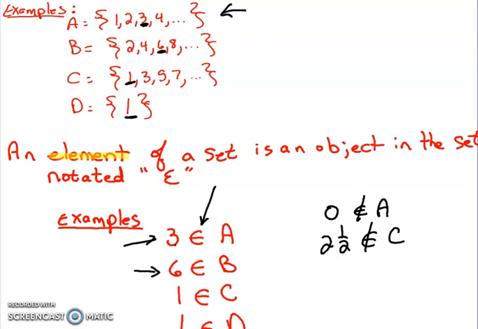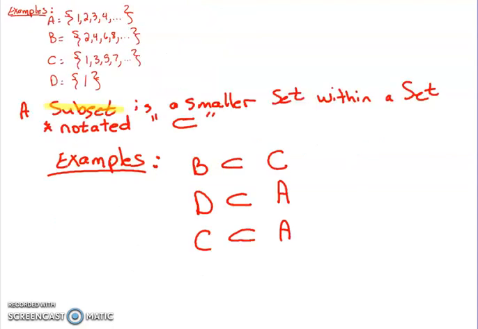So we talked about braces, that's how you use set notation, and we talked about the element of symbol. Now a subset is a set of numbers or objects inside of another set. So a subset is a smaller set within a set, and it's notated with a symbol that looks like a stretched out C. All right, so here's some examples.